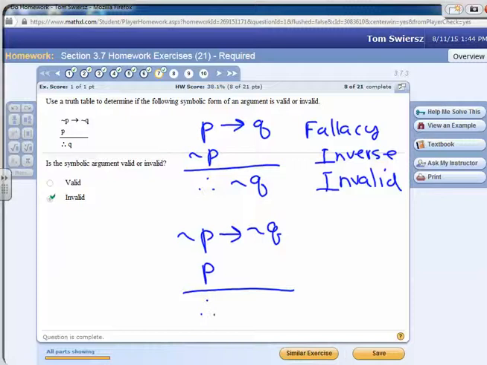Therefore, can you conclude the opposite of not Q, which is Q, and that is definitely invalid. See, it follows the same format, except these two are negated, these are positive.